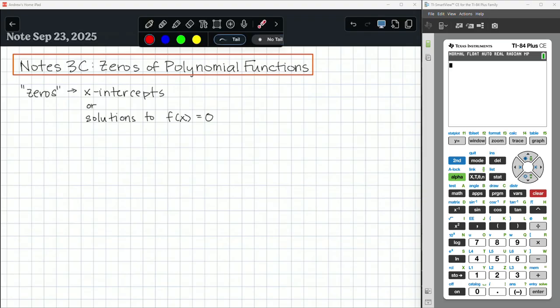Remember that some of those zeros, some of the solutions to f of x equals 0 won't show up as x-intercepts because some equations will have non-real or imaginary roots.